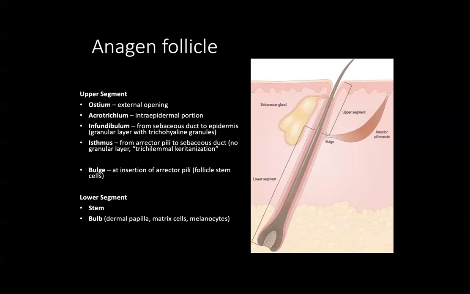So what you'll end up seeing more often than not is, when you have a cyst, for example, that develops from that, you'll not see the keratohyalin granules. And the most common cyst that fits that description would be a pilar cyst. So a pilar cyst actually has trichilemmal keratinization.